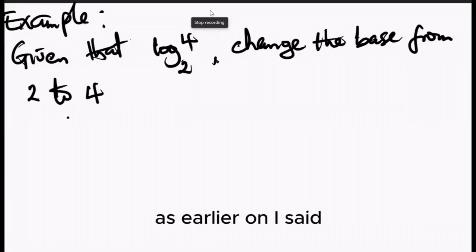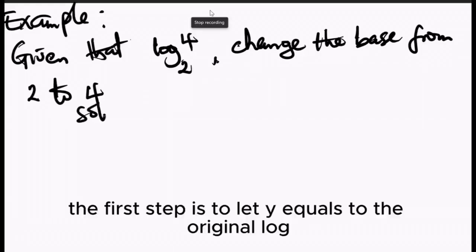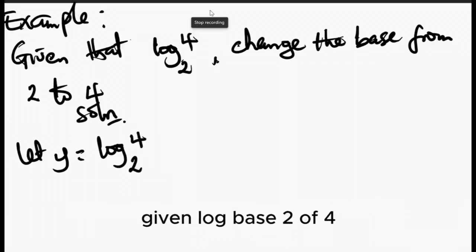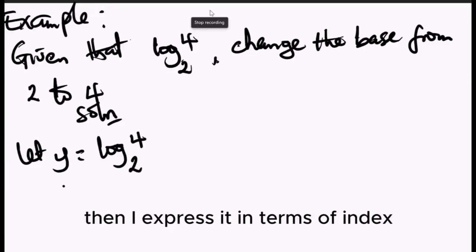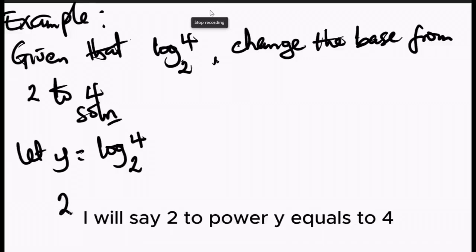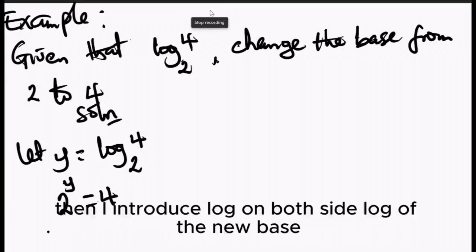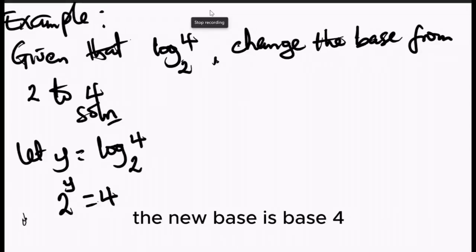As earlier on I said, the first step is to let y equals to the original log given, log base 2 of 4. Then I express it in terms of index. I will say 2 to power y equals to 4. Then I introduce log on both sides, log of the new base. The new base is base 4.